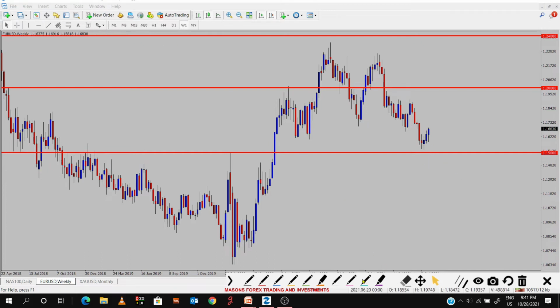So ideally, I would have looked for price to come to this level, somewhere around here, and give me an engulfing bar. So if price came, we had a rejection bar, let's just say a rejection bar followed by an engulfing candle, or candle that is bigger than this candle X.